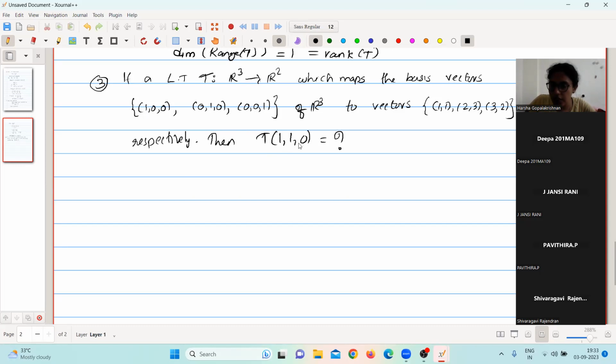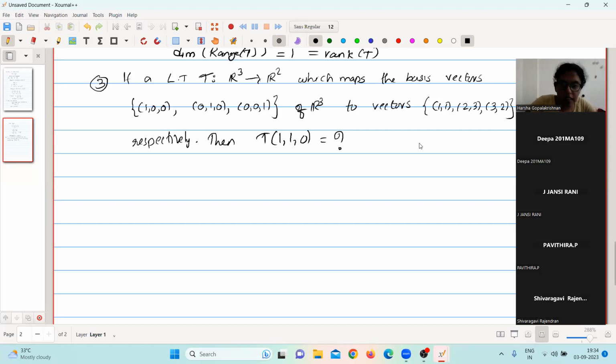That is (1,1,0) equals a into (1,0,0) plus b into (0,1,0) plus c into (0,0,1). Then we will apply T of (1,1,0) equal to T of that linear combination, and then we will use this thing, like T of (1,0,0) is (1,1), T of (0,1,0) is (2,3), and T of (0,0,1) equal to (3,2). This is the general procedure.